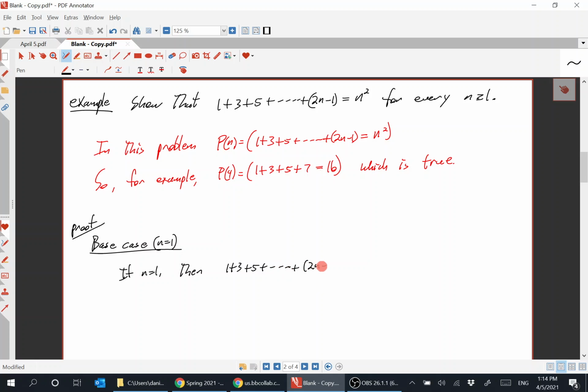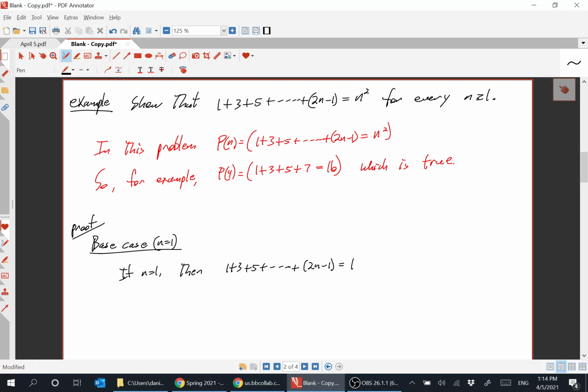Okay, so if n is equal to 1, then 1 plus 3 plus 5 plus all the way up to 2n minus 1 is actually equal to what? All right, so this sum of consecutive odd numbers all the way up to 2n minus 1. Well, when n is 1, what is 2n minus 1? 1. It's just 1 by itself. Right? The first one odd number, just 1. The first two odd numbers would be 1 plus 3.